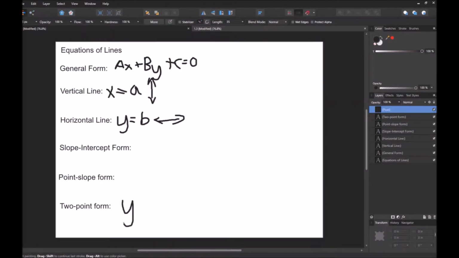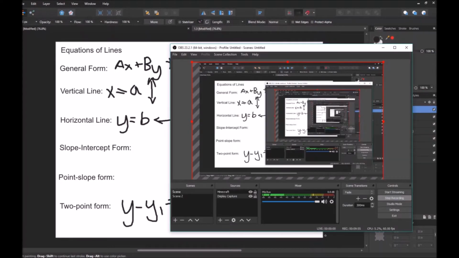So that would end up looking like y minus y1 equals y2 minus y1 over x2 minus x1 times x minus x1. And that would be your two-point form.